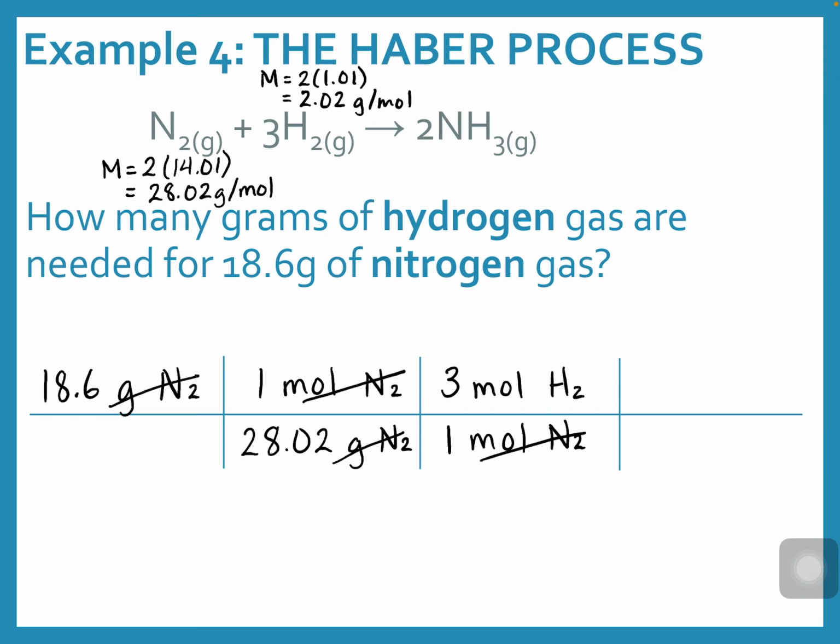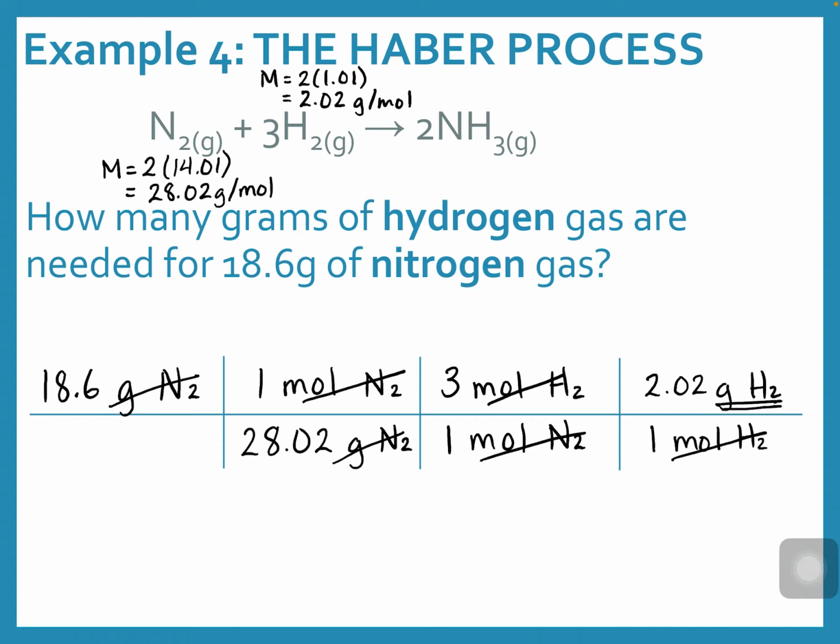So here I want moles of hydrogen on the bottom. So for 1 mole of hydrogen, my mass is 2.02 grams. So that will cancel out my moles of hydrogen.